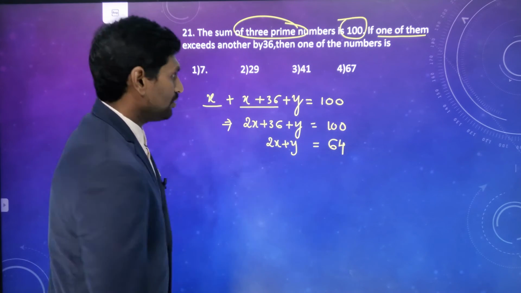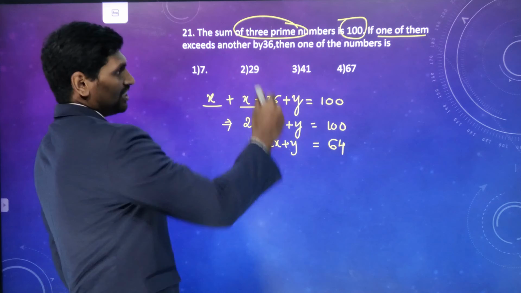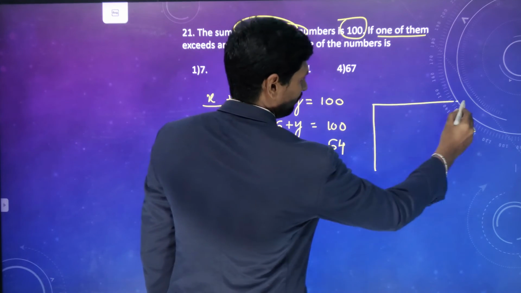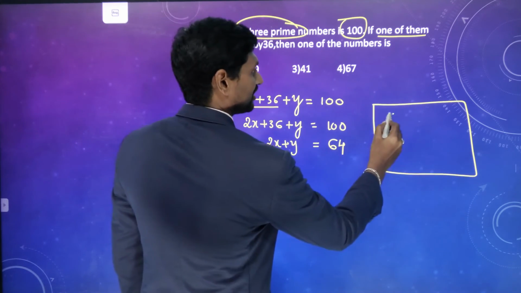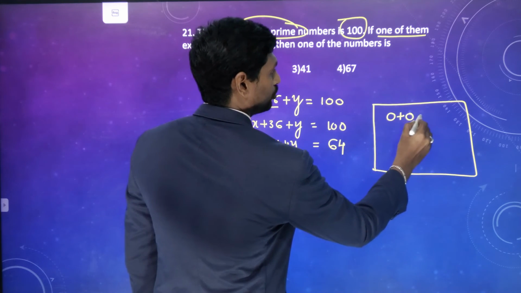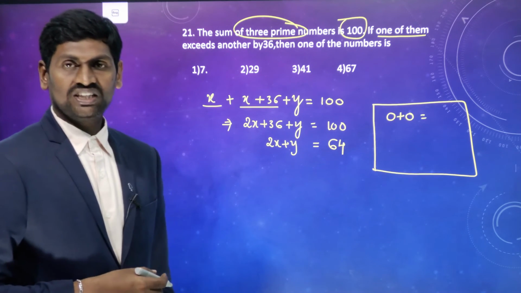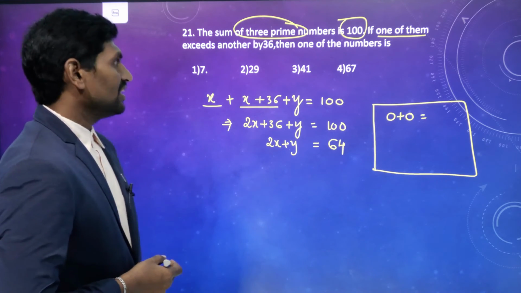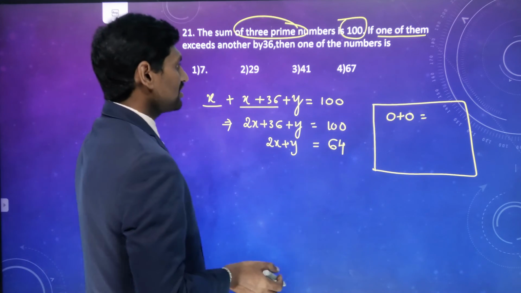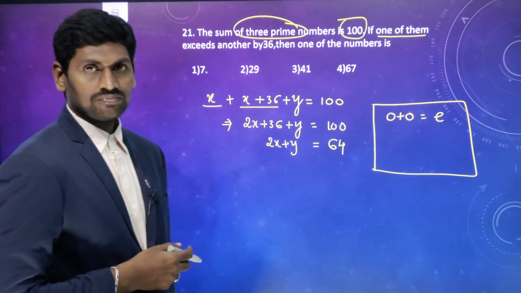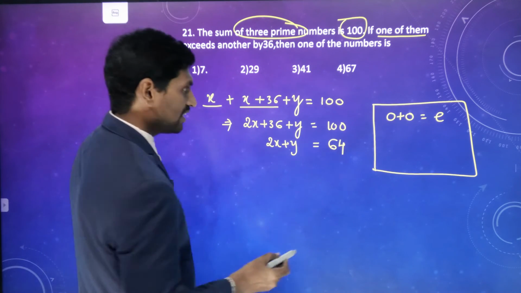Okay. Now, according to the given concept, the sum of two odd numbers is an even number.